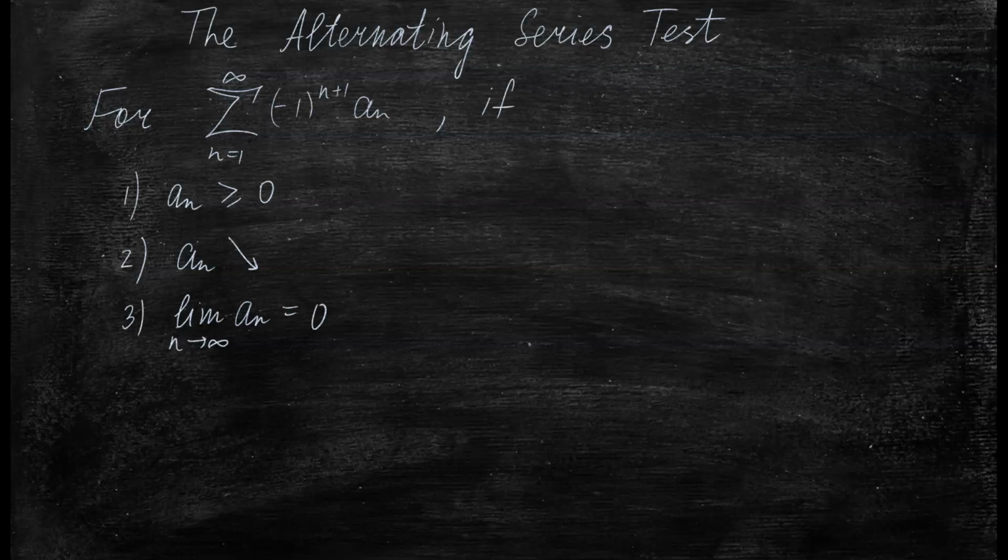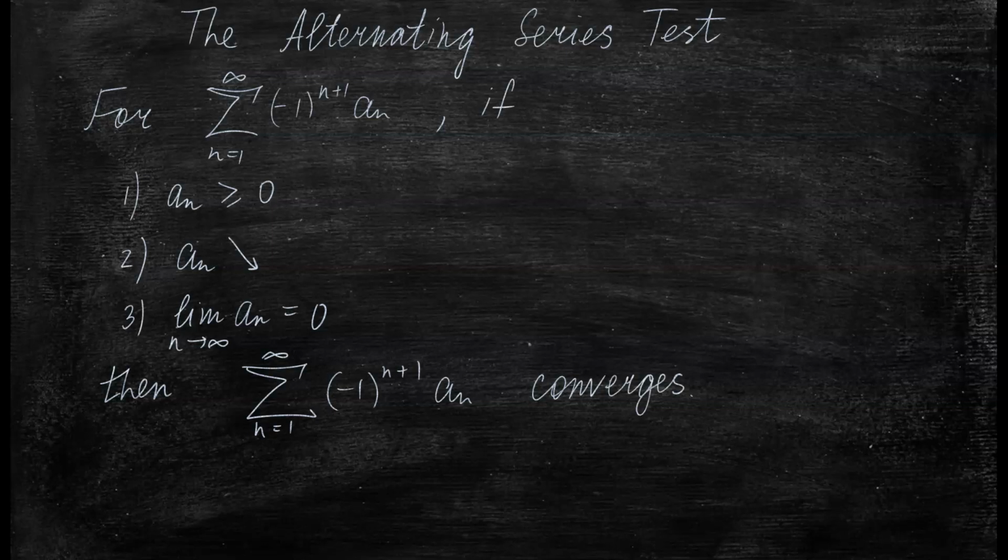So if all these three conditions are satisfied, then the conclusion is the original series, which is an alternating series, converges.